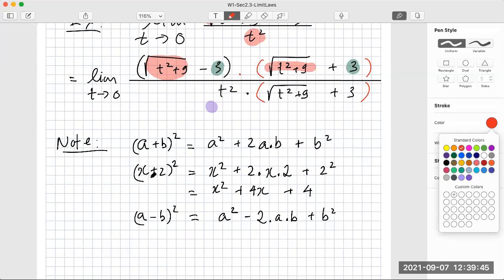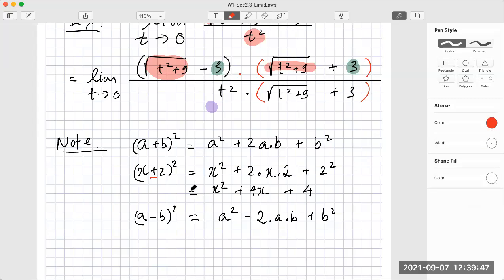If we apply a negative sign here, then we can write it this way. So (x minus 2) squared becomes x squared minus 4x plus 4. Same thing, okay? It's very useful. Remember these.